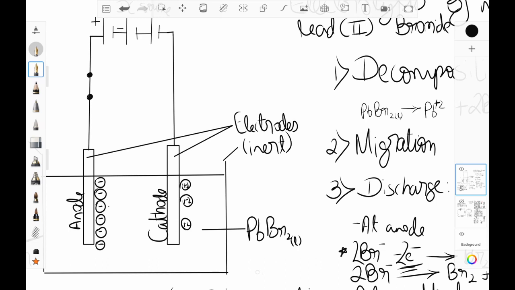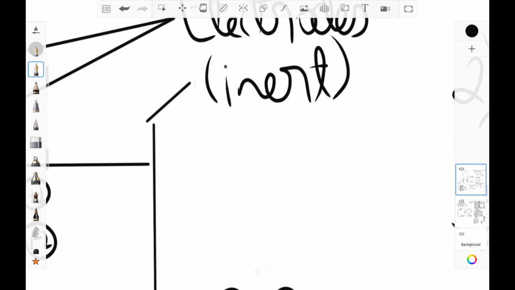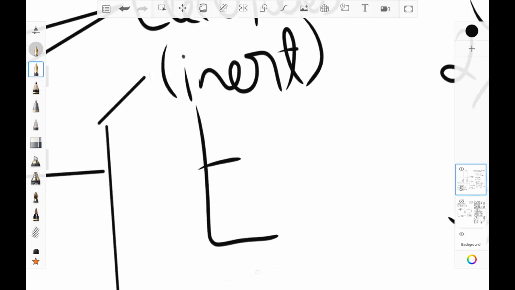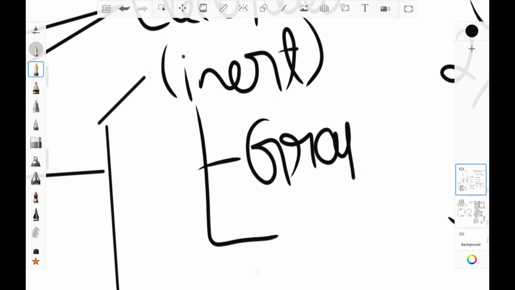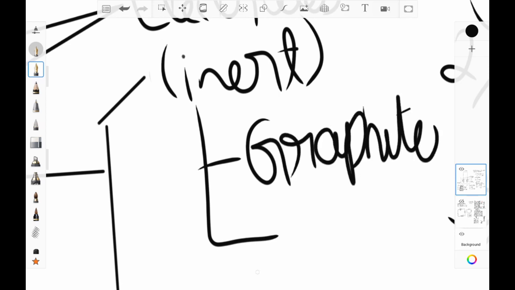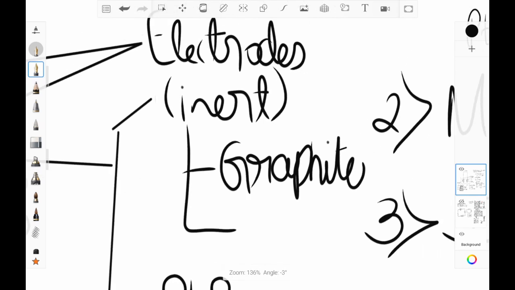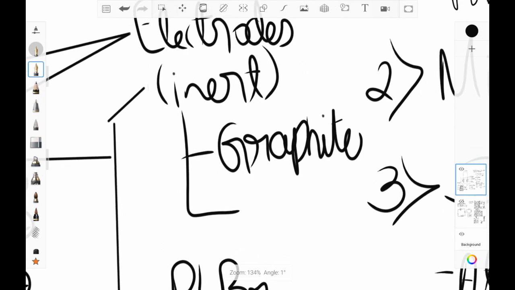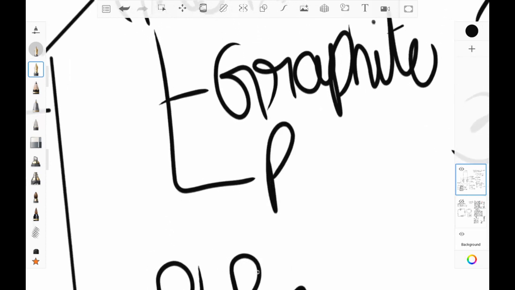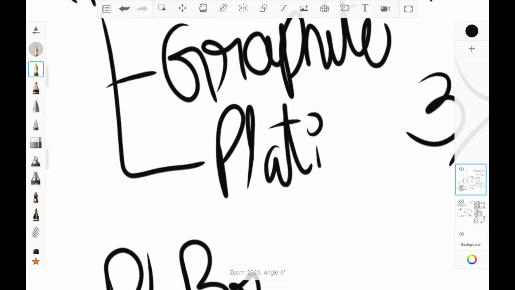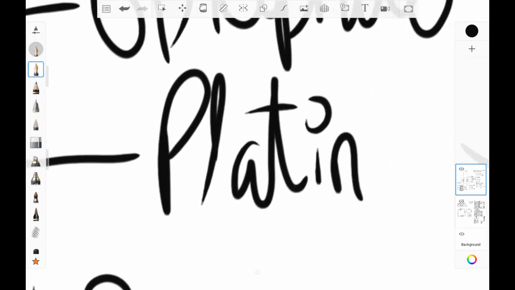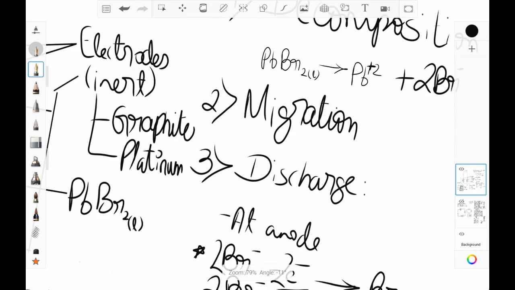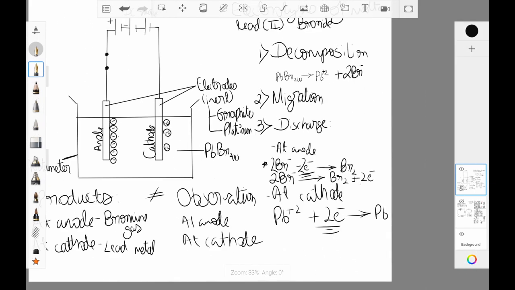The two examples of inert electrodes that IGCSE requires you to know are, number one, graphite electrodes, which are the most commonly used. Alternatively, you can also say carbon, you'll still be marked correct, but graphite is more accurate. And platinum, which is still used, but platinum is really expensive and really rare, so graphite is more common. These are the two inert electrodes that you need to know.